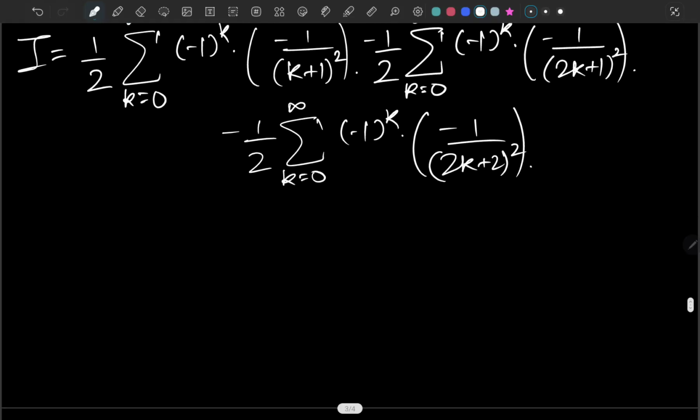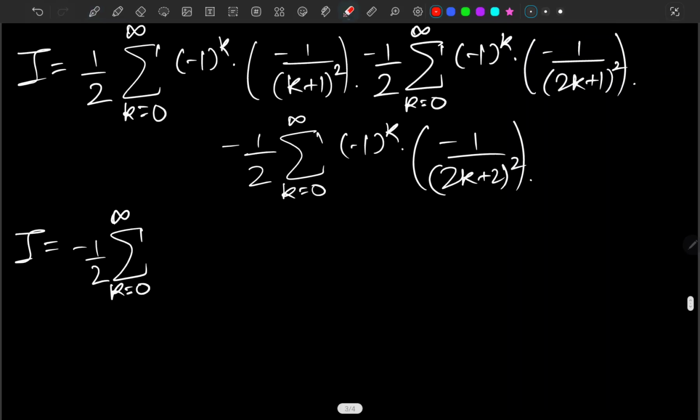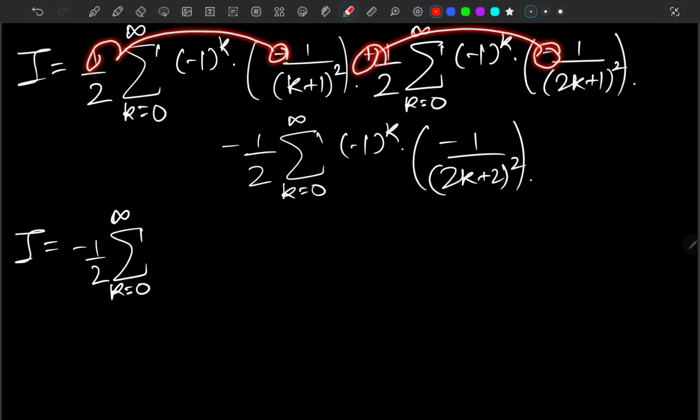Okay, so now let me just rearrange them a little bit, and then we would be having some better results. Don't worry about that, I'm here. I'm sorry, I think I should have taken a factor of negative half here, because this negative one is being factored out, and so for all these terms, this is going to be positive and this one also going to be positive.